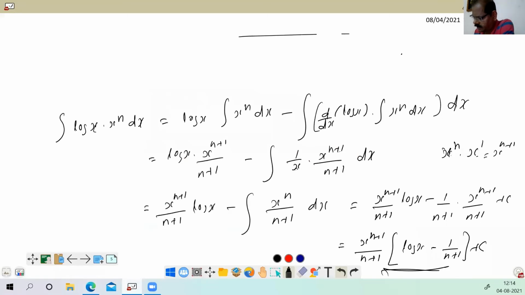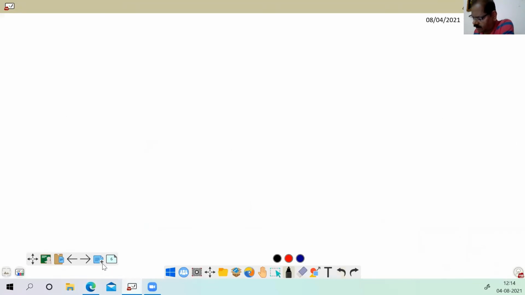So we can use that shortcut method even for trigonometric functions. For example, integral x into cos x dx. As per the Eilert rule, algebraic function comes first before the trigonometric function. So x is the first function and cos x is the second function.